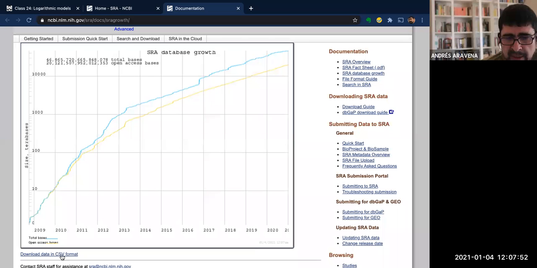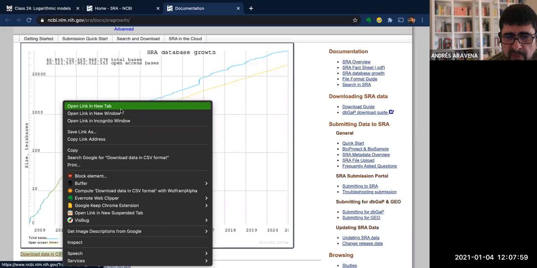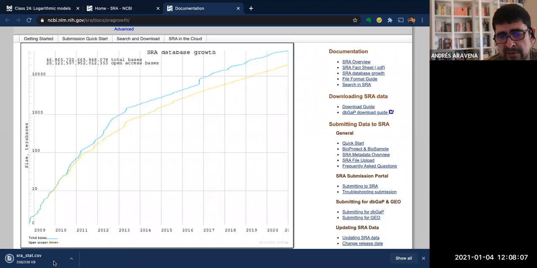And here's the data. So my suggestion is that you get this data. You can copy, save link. I will open it in a page to show you, but you can do save link directly. Still didn't get it. Okay, anyway, we're going to see it.